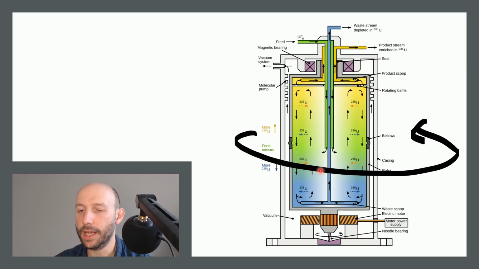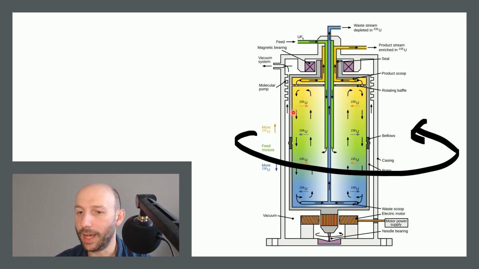Now, you could also set up rotation which is vertical, like this, for example, by heating the bottom, right, which will cause the hotter uranium to move up. By the way, this is uranium in gas form, so we're talking about a fluid. Specifically, it's uranium hexafluoride that's being pumped in here.